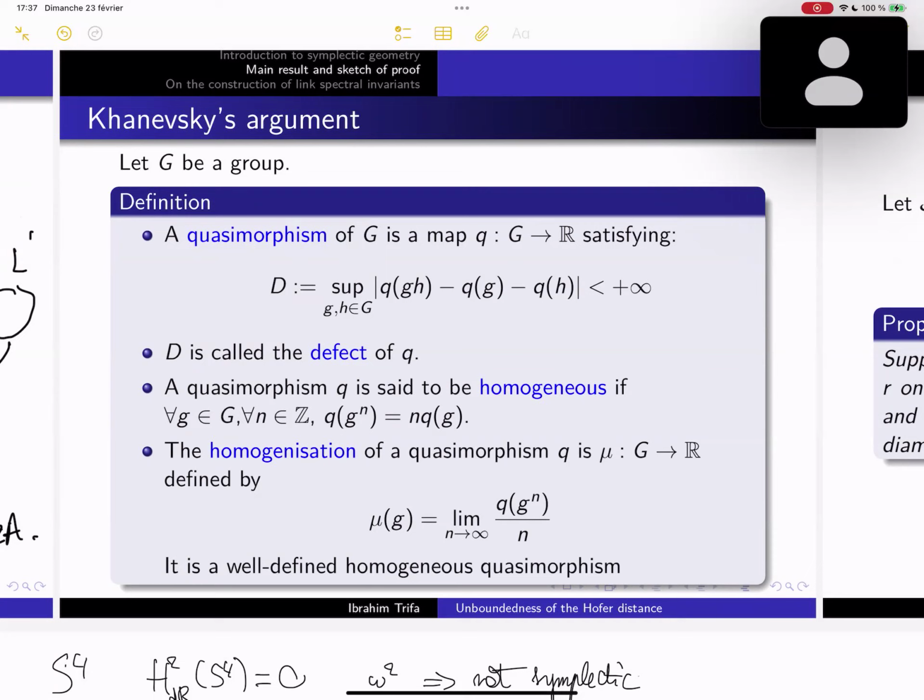So here what we ask is for Q to be a homomorphism up to a bounded error, D.